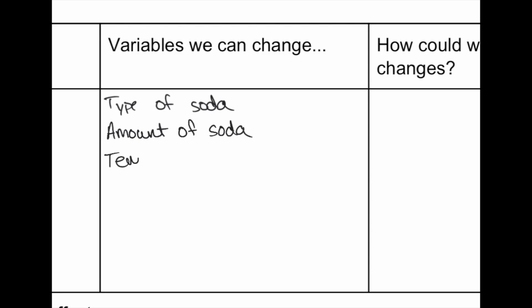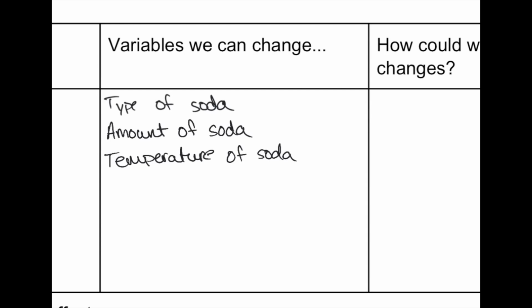And so now, variables that we can change. These are things that we can do to try and maybe affect some things, right? So we could change the type of soda. We could change the amount of soda. We could change the temperature of the soda.